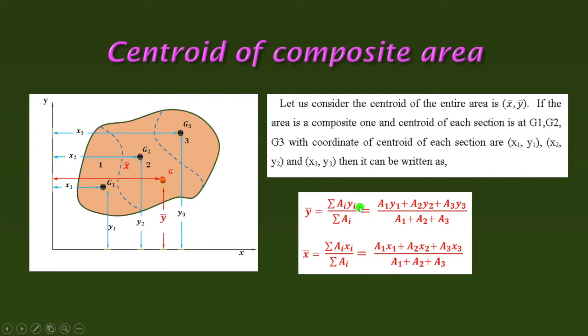So summation of ai yi means a1 y1 plus a2 y2 plus a3 y3. Summation of ai means a1 plus a2 plus a3. Similarly for x bar. Now, all these values, the area of each individual segment and the distances of the corresponding segments x1, x2, x3, y1, y2, y3, are known. So, substituting these values, we can get the values of y bar and x bar.